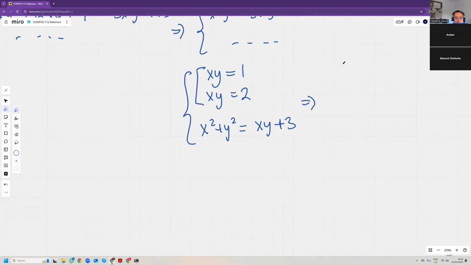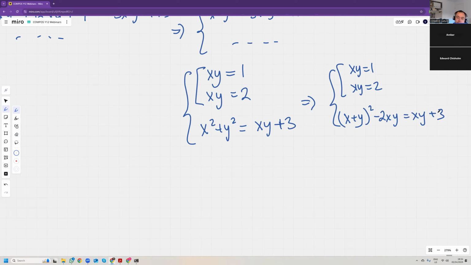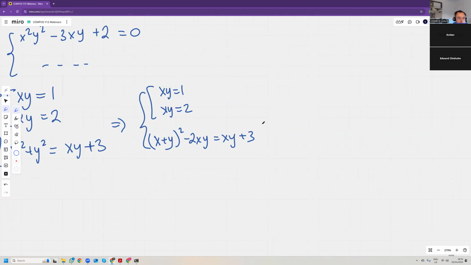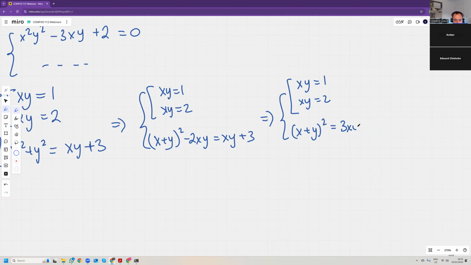So we have xy equals 1 or xy equals 2, and (x plus y) squared minus 2xy equals xy plus 3. In other words, xy equals 1 or xy equals 2 and (x plus y) squared equals 3xy plus 3. Nice.